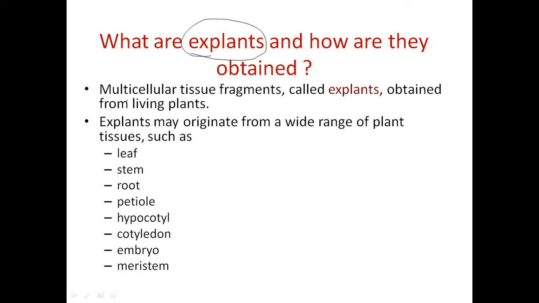Then we must know what an explant is. This is a multicellular tissue fragment obtained from the living plant. It is leaf, stem, root, petiole, hypocotyl, or it may be cotyledon, embryo, and it can be a meristem. This is a multicellular tissue.